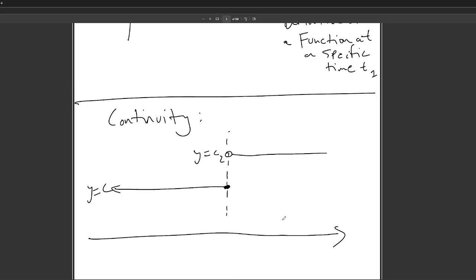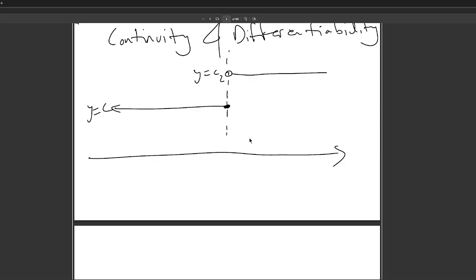So that's what I mean by connecting continuity and differentiability. Now, there's one more thing. Differentiability implies continuity.